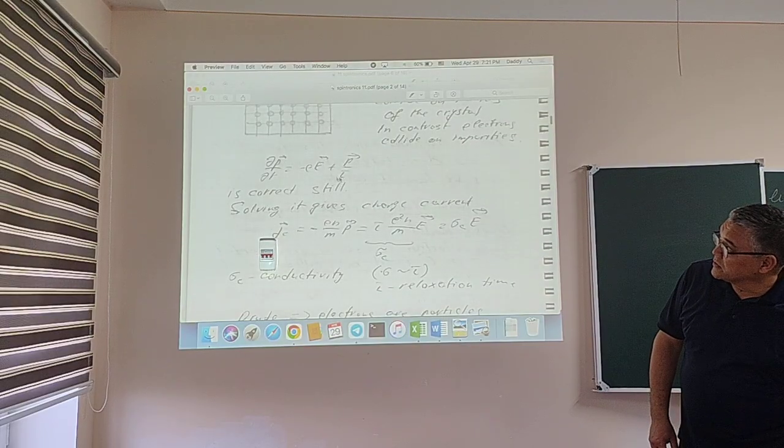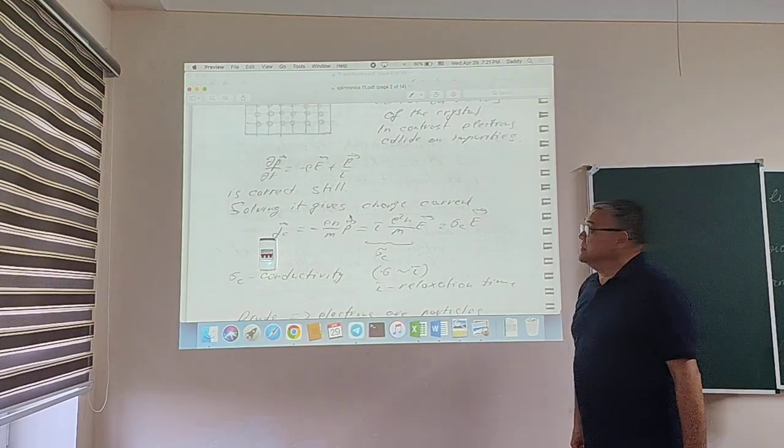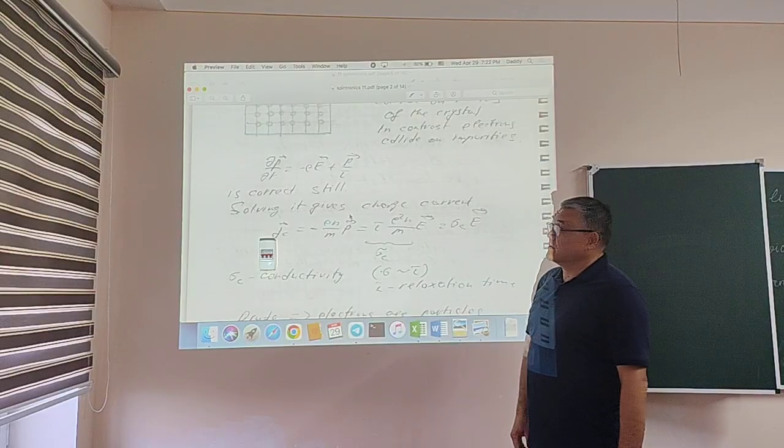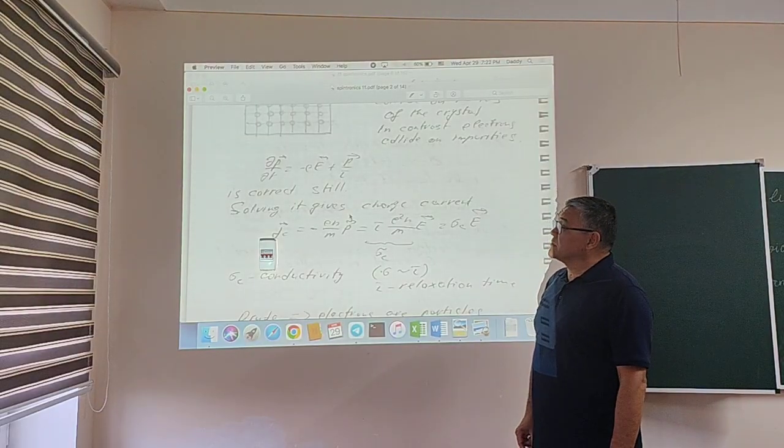The equation that we wrote above is still correct, and we can solve it for P in the equilibrium state.